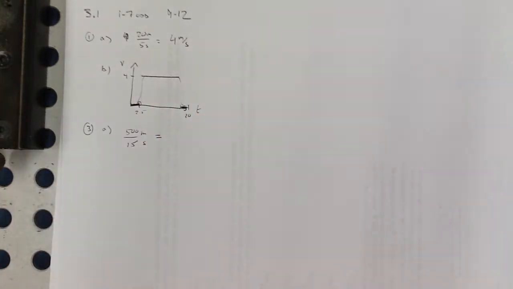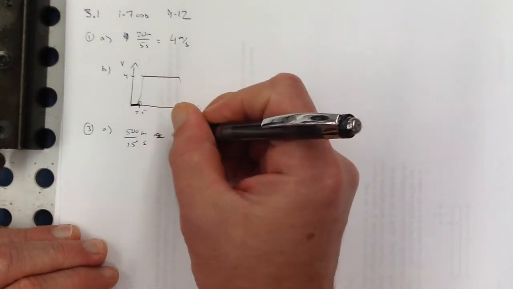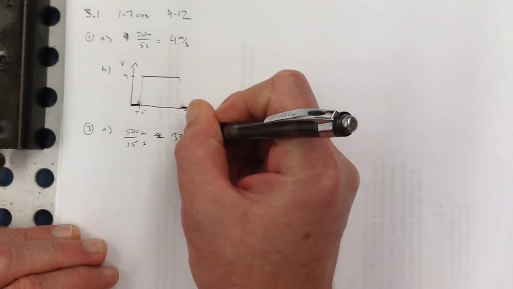So how many 15s go into 500? Let's see, 15, 30, so 33 or something. Something like that. Let's see what the book says about that.